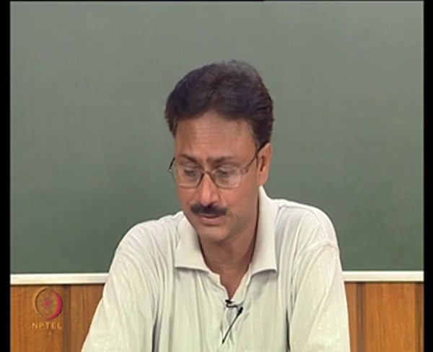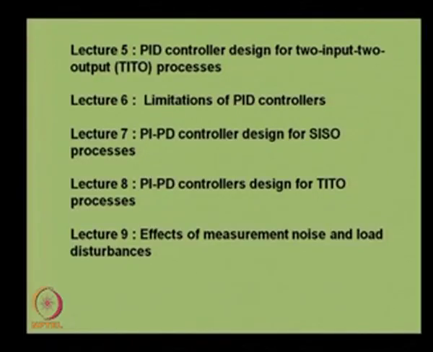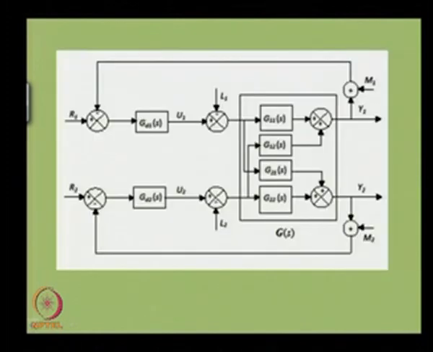Now, coming to lecture 5, which is about the design of PID controllers for 2 input, 2 output processes. How that is different from single input, single output process can be explained with the help of the block diagram given over here. So, this block diagram represents the control system for a 2 input, 2 output process.